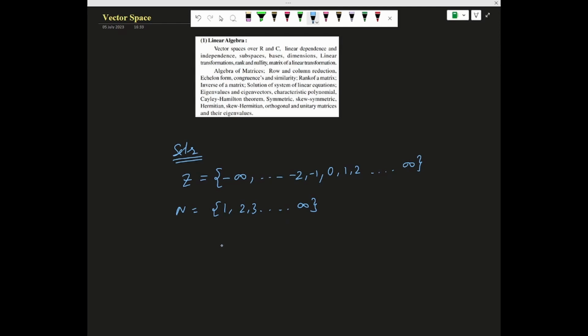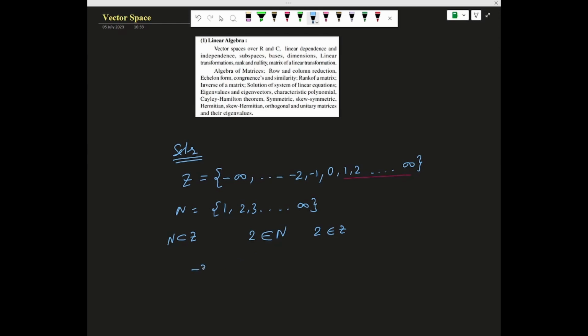Now you can notice one thing. These natural numbers we can find in the integers also. When this happens, we say that Z and N have a relation, that N is a subset of Z. Now suppose we are provided with 2, and we can see clearly that it is in N as well as in Z. So we say 2 belongs to N, and 2 also belongs to Z, right?